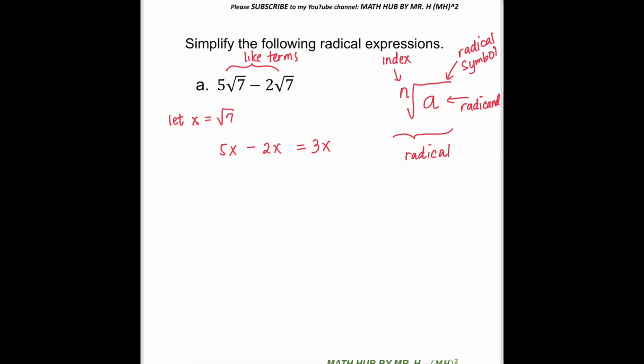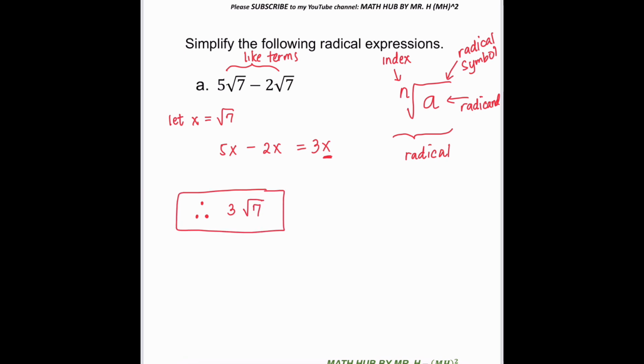So you can put this together because they're like terms. And writing the final answer, you just replace the variable x, which we initially represented as square root of 7, with square root of 7. And the final answer would be 3 square root of 7.